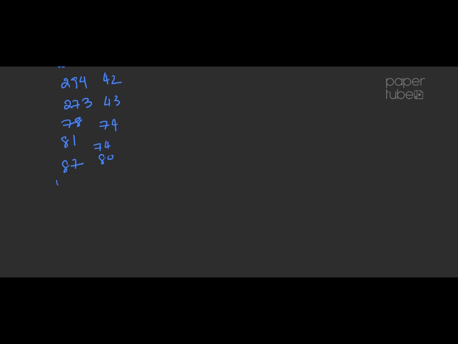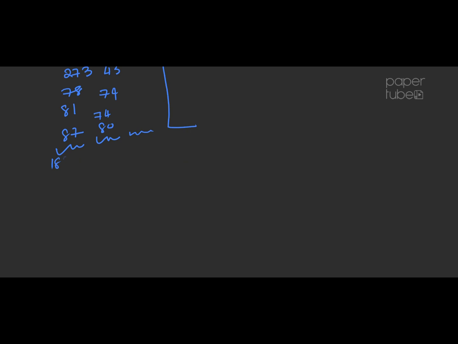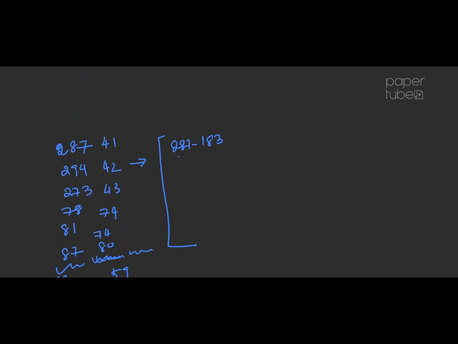So most of the software, they take the mean value of all the x and all the y, and if you have z, they take the mean value of z, and then they get a different matrix, which is 287 minus the mean value. So the mean of this value is 183, and the mean value of the y is equal to 59. And you have to subtract all the elements in the actual data set in each of the column with the mean of each of the column.